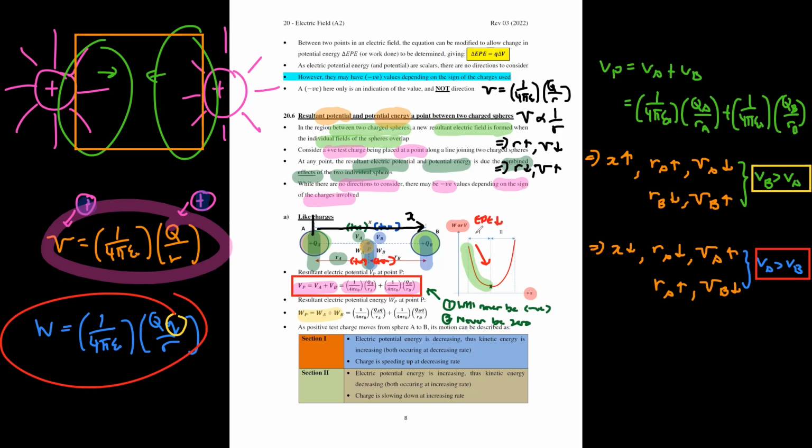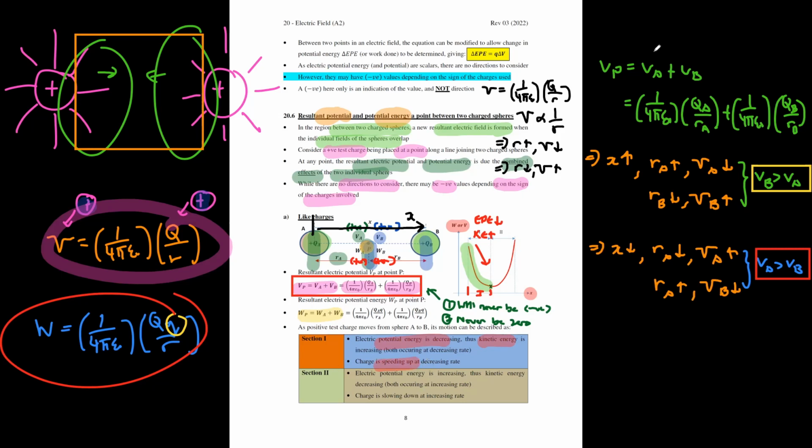But according to conservation of energy, my kinetic energy should be increasing. So for this section 1, your EPE is decreasing, kinetic energy is increasing, so your charge is actually speeding up.